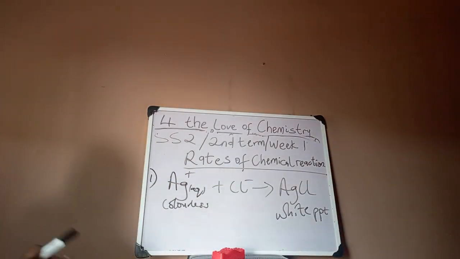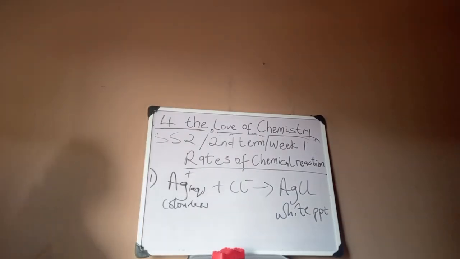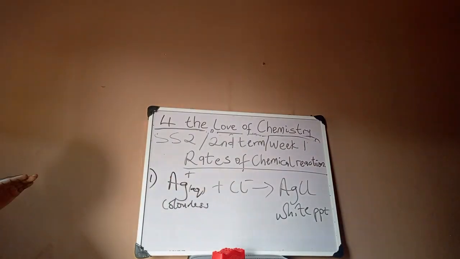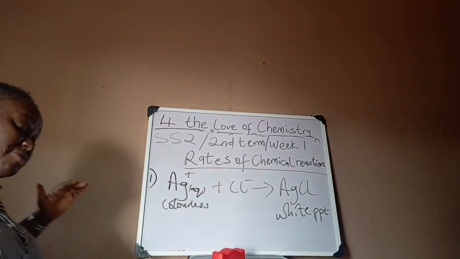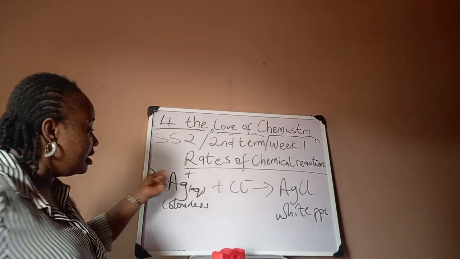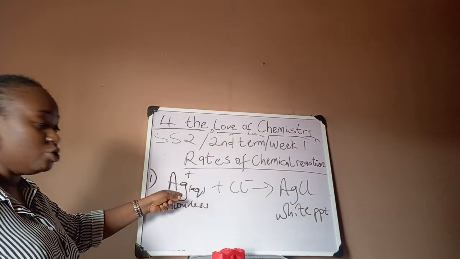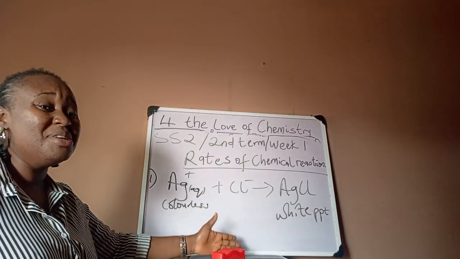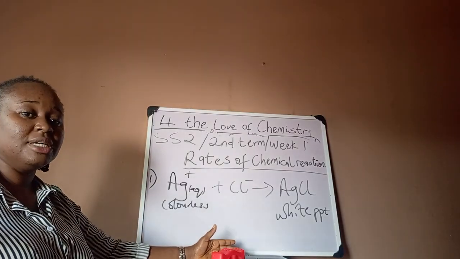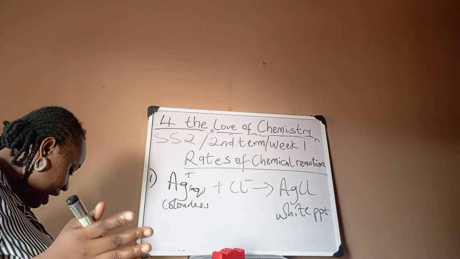The reaction is so fast that you don't even know how to measure it. As you are adding the chloride salt to the silver salt, you get an immediate reaction of white silver chloride precipitate.